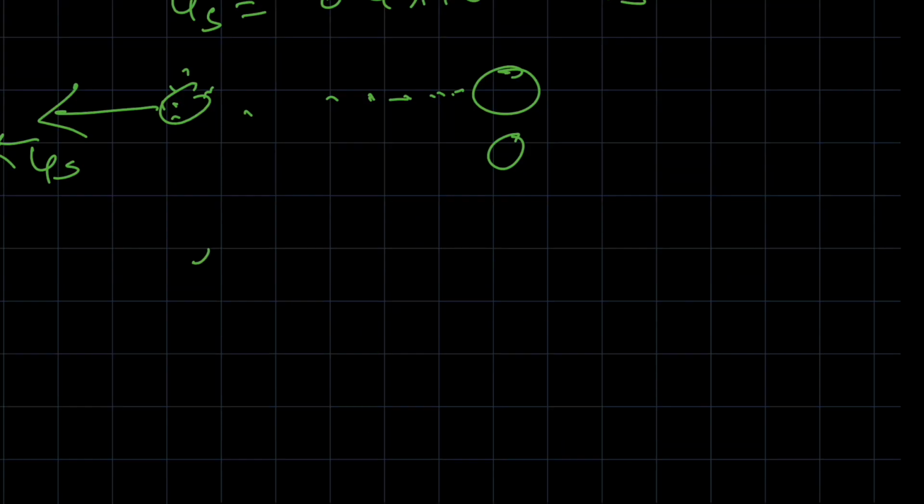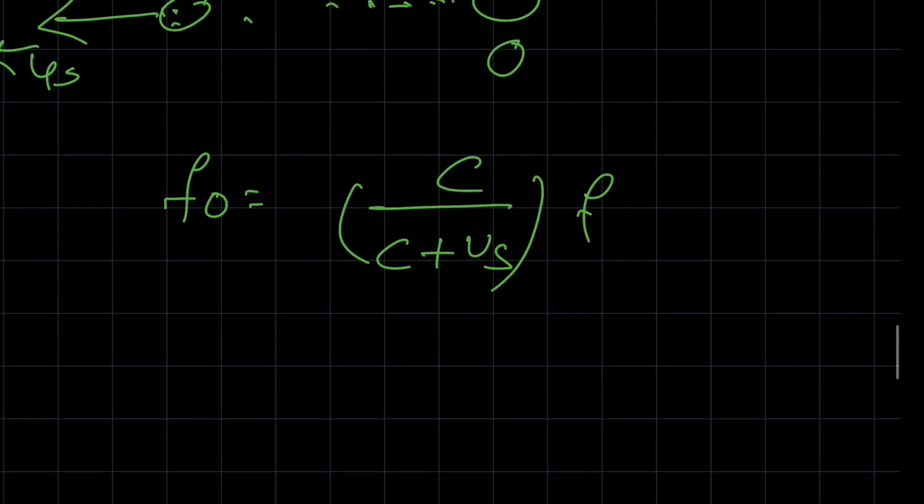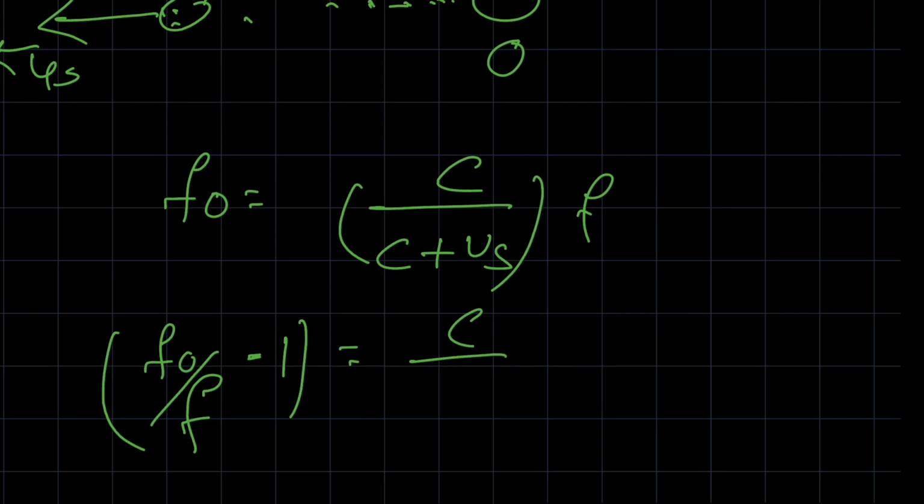We have a relation f naught equals c, the velocity of light, divided by c plus vs, times f. Now we have to calculate the change in frequency. f naught by f minus 1 equals c divided by c plus vs, minus 1.